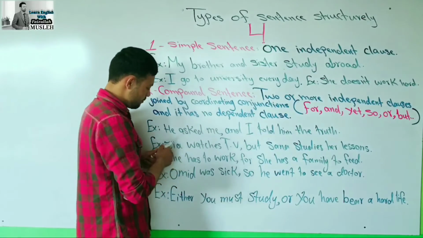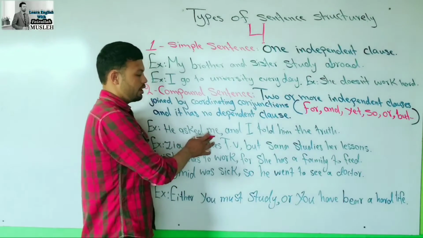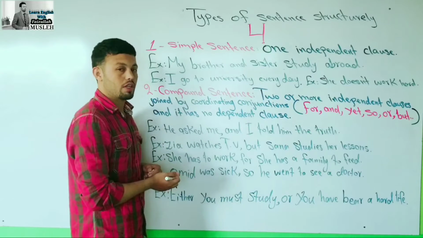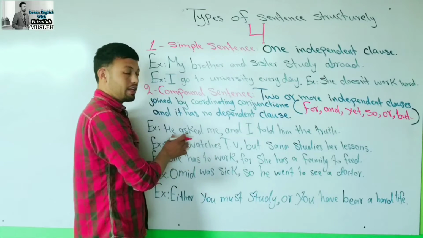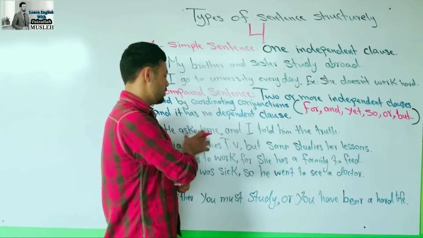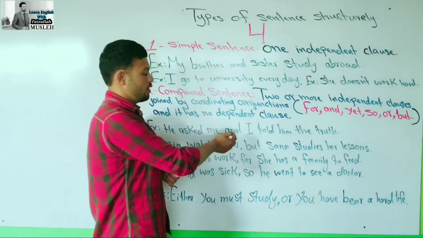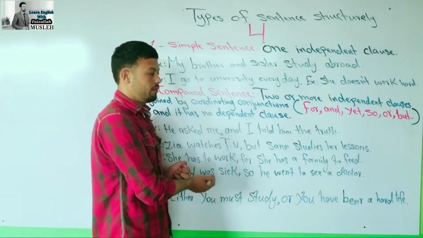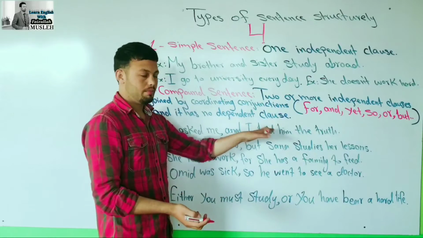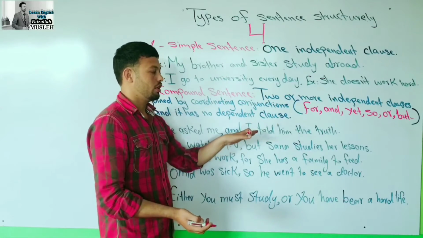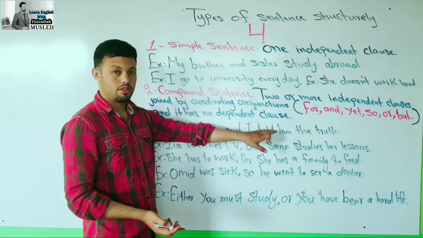Like, he asked me and I told him the truth. He asked me, this is one independent clause. And I told him the truth, 2 independent clauses.